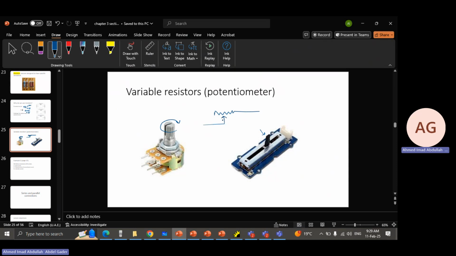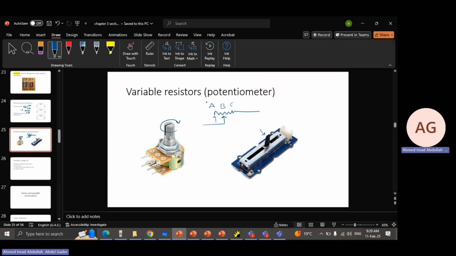So over here we have three points at which we can set this toggle: A, B, and C. So at A, if we set the arrow at A, then the current will have to go through the maximum amount, or the largest amount, of resistive material.